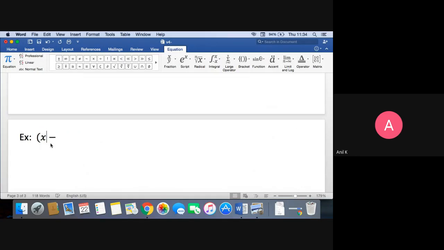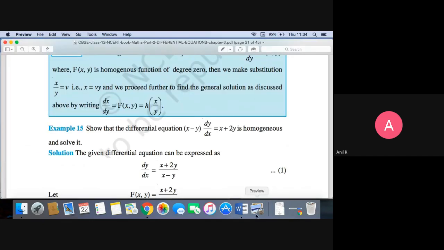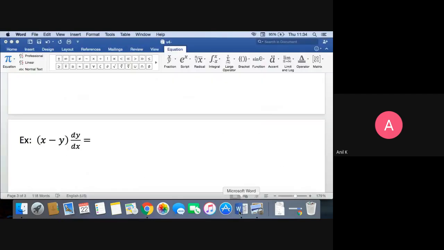You have to be quick. x minus y into dy by dx is equal to x plus 2y. This is the question given.